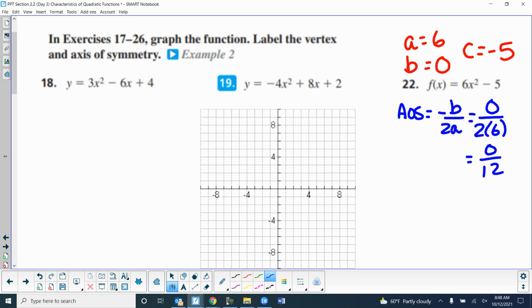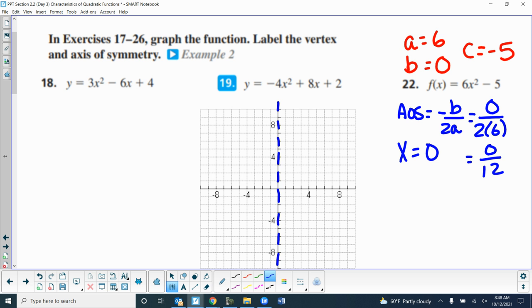Well, what's 0 divided by anything? 0. So my axis of symmetry is x equals 0, which is the y axis. So that's our parent function spot, right?